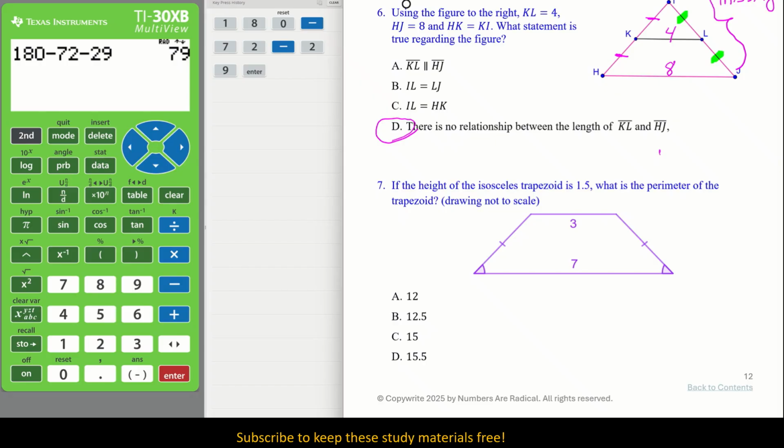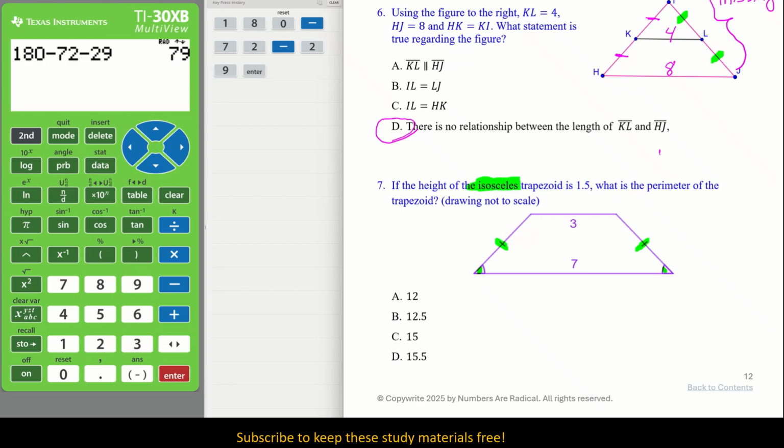Now let's go up to number 7. If the height of the isosceles triangle is 1.5, what is the perimeter of the trapezoid? Okay, they've given us a very important piece of information. They have stated isosceles. Not only have they stated isosceles, they've given us this great congruency with the sides, as well as these two angles.